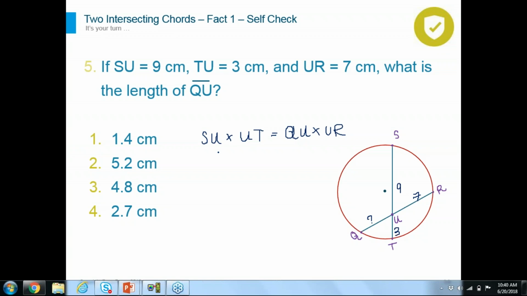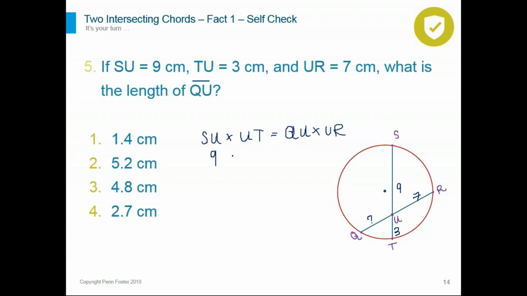SU is 9, that's given. I did not conclude it, it's just given right in the question, times UT is 3, equals QU, the unknown segment, times UR, and UR is 7. Again, simplify the equation. 9 times 3 is 27, equals 7 times QU.